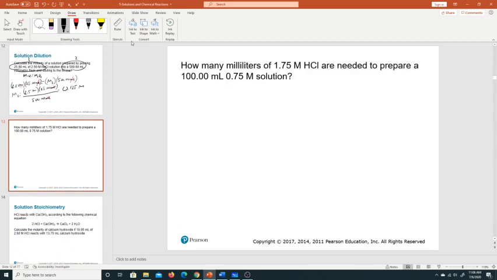Next one, how many milliliters of 1.75 molar HCl are needed to prepare, that's the change, 100 milliliter solution of 0.75 molar. So I'm starting off with this concentrated solution, M1, that's the 1.75. V1 we don't know, because that's how much we're taking out.